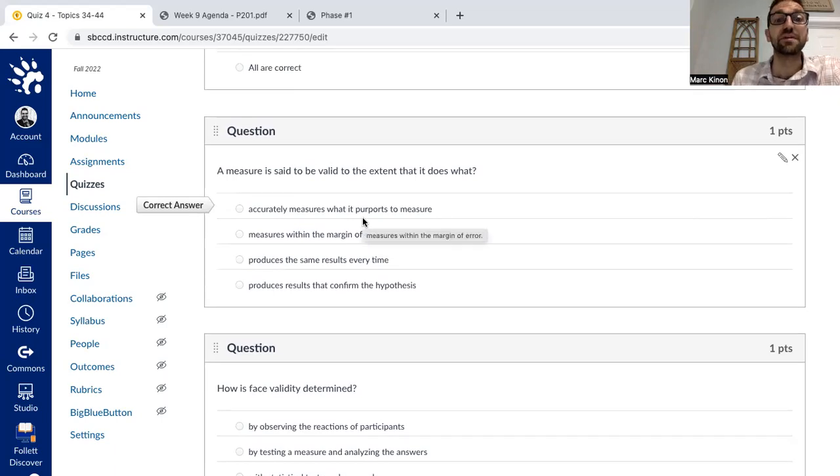A measure is said to be valid to the extent that it does what? Accurately measures what it purports to measure. Okay, that's validity. Validity is the measure measuring what we think it's measuring? So going to the Rosenberg self-esteem scale, for example, is that Rosenberg measure of self-esteem actually measuring self-esteem, or is it not?